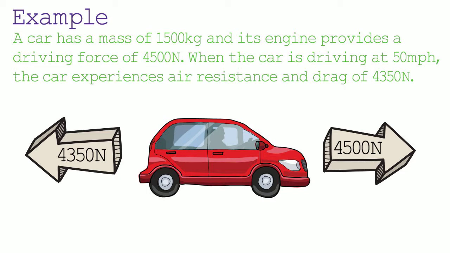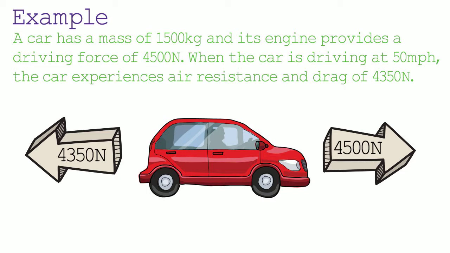We work out the resultant force by summing all of the forces that are acting on this object in one direction. Let's work out the resultant force to the right. This means that the driving force is positive, so we have positive 4,500 newtons. Drag and air resistance is going to be negative, because it is acting in a leftwards direction, which is opposite to right, and right is the way that we're calculating our resultant force for.